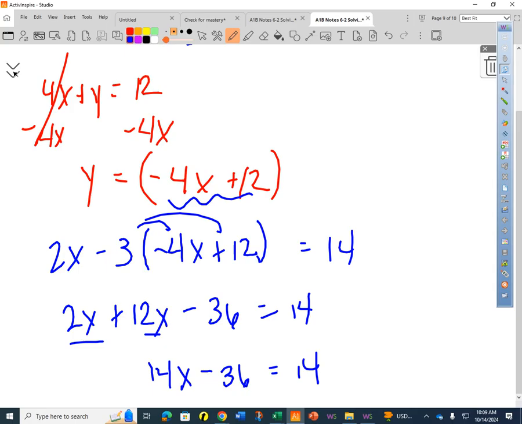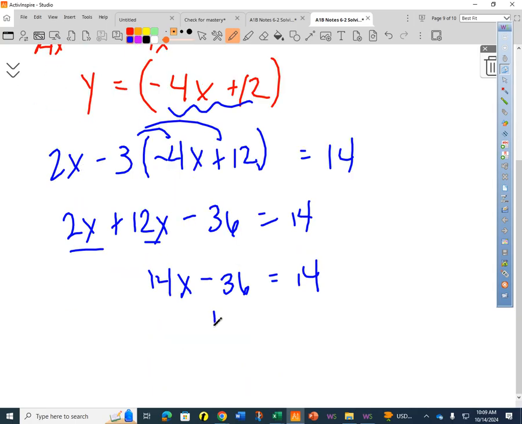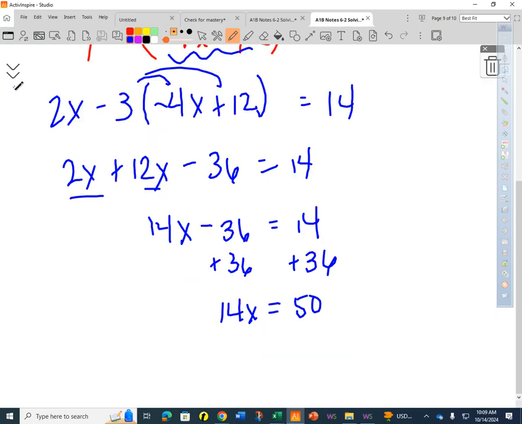And I'm going to solve for x. So add 36. And 14 times x equals 50. I isolate my x by dividing both sides by 14. And I'm going to simplify that fraction. 2 comes out of 50 25 times. 2 comes out of 14 7 times.